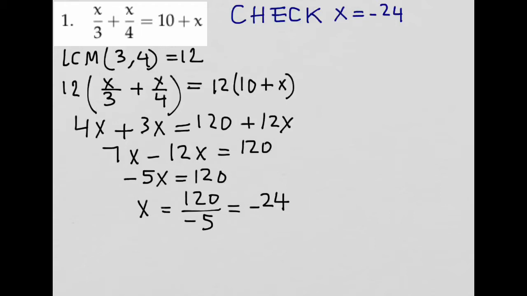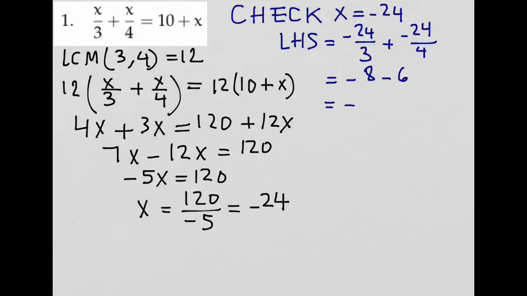So if we plug in minus 24 in the left-hand side, we get LHS, which stands for left-hand side, equals minus 24 over 3 plus minus 24 over 4. Well, that's equal to minus 8 minus 6, which is equal to minus 14.